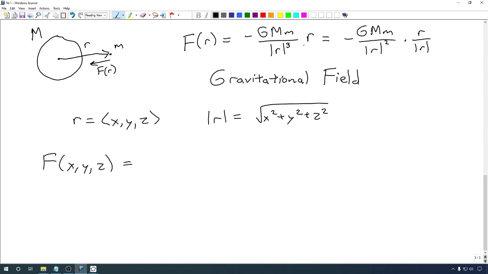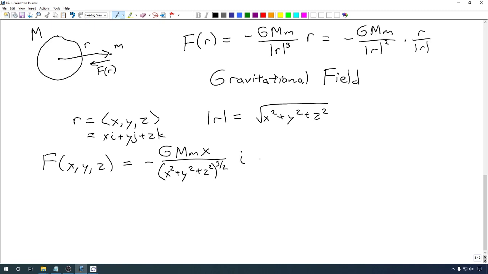The r here, we could write this out as x times i plus y times j plus z times k. And so we end up getting a minus GMm x over x squared plus y squared plus z squared to the 3/2 power. So this to the 1/2 power, but then we cube it to get a 3/2 power.